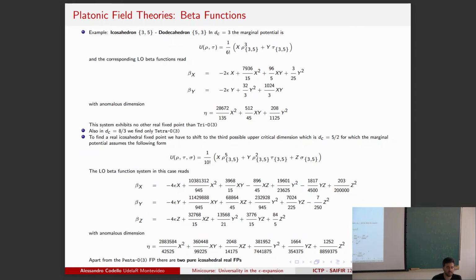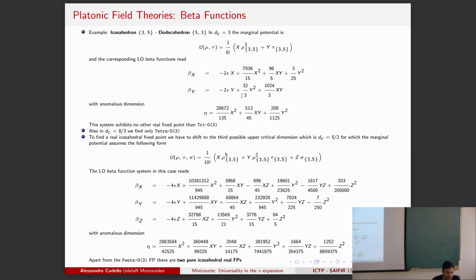Now we can do the same for a non-trivial case, something new. For example, for the icosahedron, as I told you, there are 3 special theories, and this is the icosahedral theory. The first non-trivial theory is the one in d=3, where the invariant tau plays a role. The invariant tau is a deformation of rho, the spherical model.